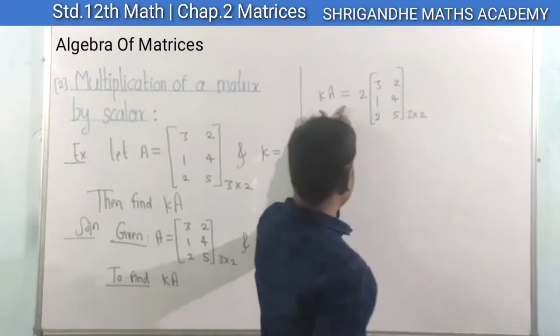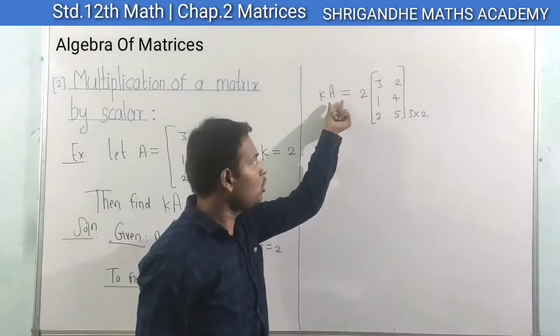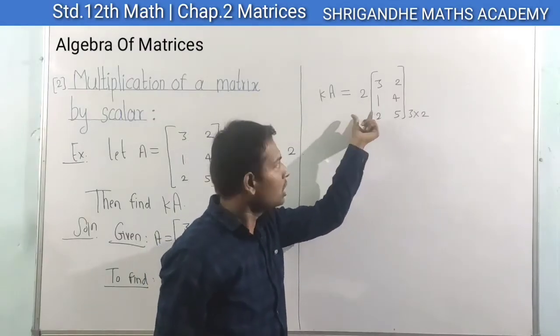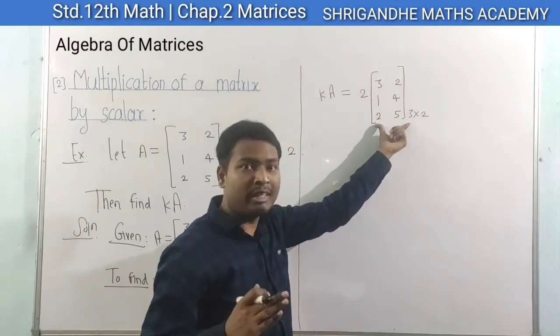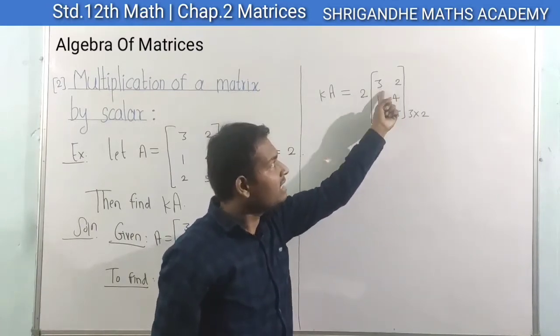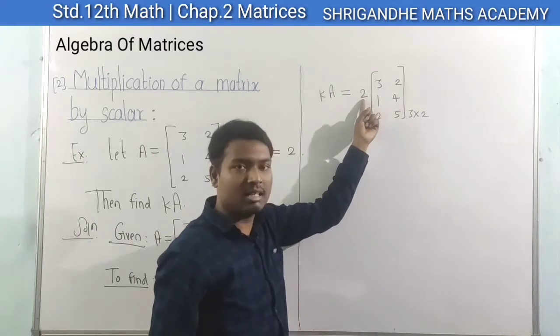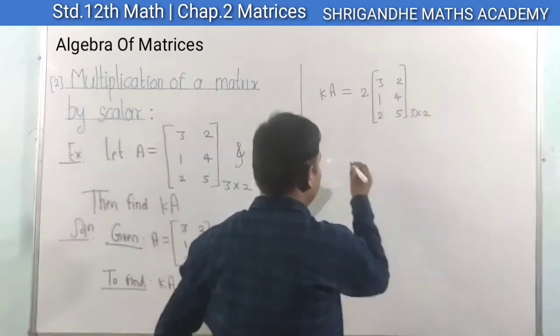Now here we put the value of k equal to 2 and the value of A, that is matrix A. Now we have to multiply this scalar 2 by this matrix A. How do we multiply? Multiply each element of matrix A by this scalar 2. Therefore let's see how to multiply.